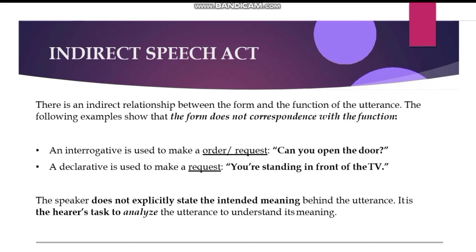Can you open the door? And the declarative is used to make a request. You are standing in front of the TV. The speaker does not explicitly state the intended meaning behind the utterance. It's the hearer's task to analyze the utterance to understand its meaning.